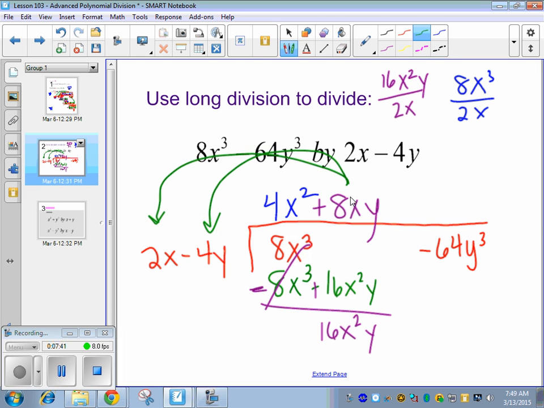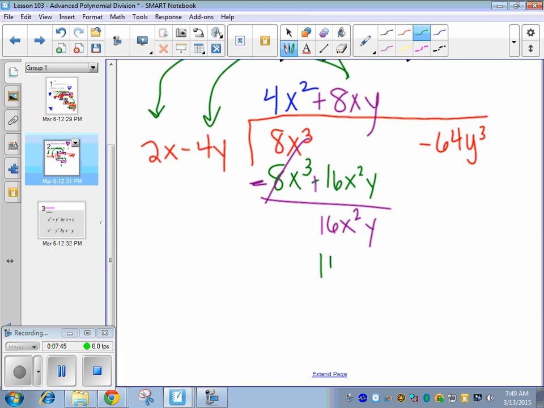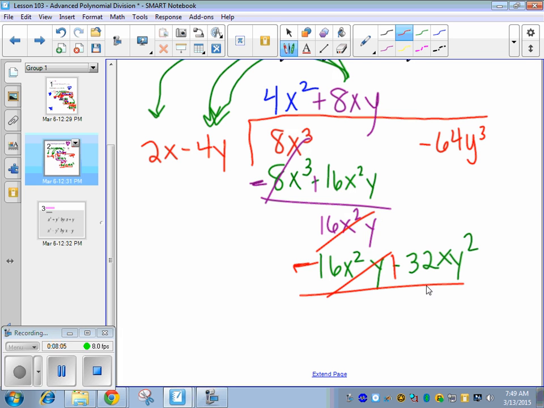Zach, what do I get when I multiply 8xy times 2x? 16x squared y, the same thing. Max, what do I get when I multiply 8xy times negative 4y? Negative 32xy squared. Very good. Isabella, what's the next step? Change the signs. Minus and plus, so those cancel. We now have a plus 32xy squared.